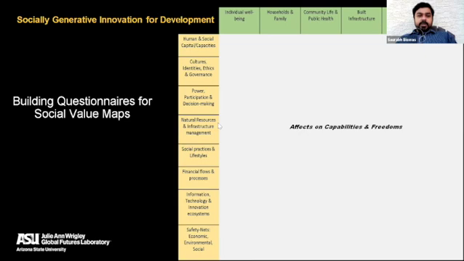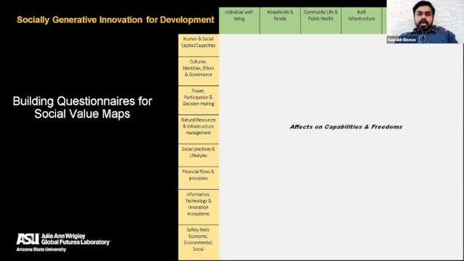So this framework provides you a very specific line of inquiry into the multiple facets of the interaction between individuals or agents and the infrastructure system.